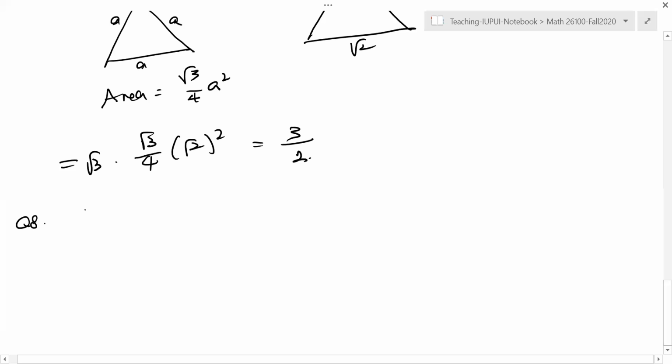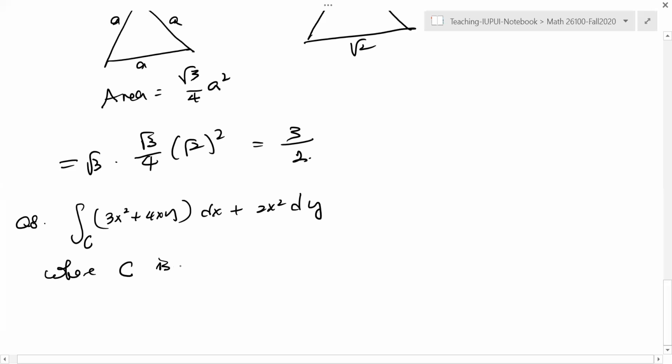So we are given this line integral of (3x squared plus 4xy) dx plus 2x squared dy, where C is any path from the point (0, 0) to another point.